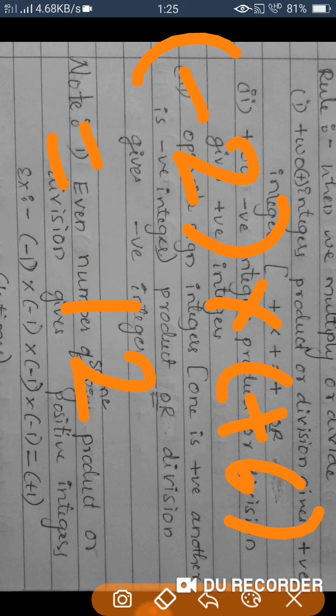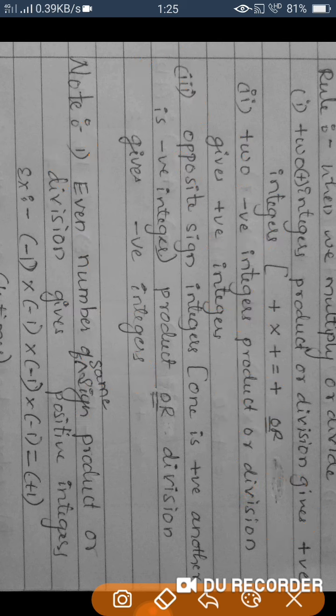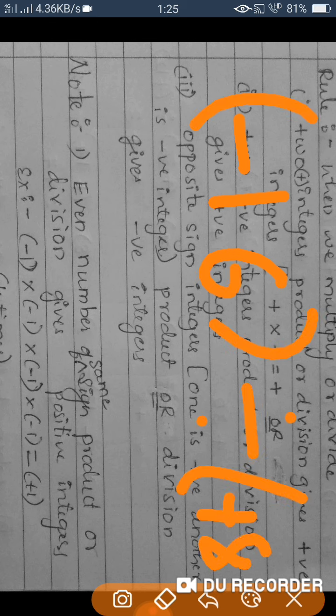If you go for division, you can do the same. Minus 16 divided by plus 8. Between the two integers there is a division sign, but one is negative and one is positive. So just divide the numerals. 16 divided by 8 is 2.